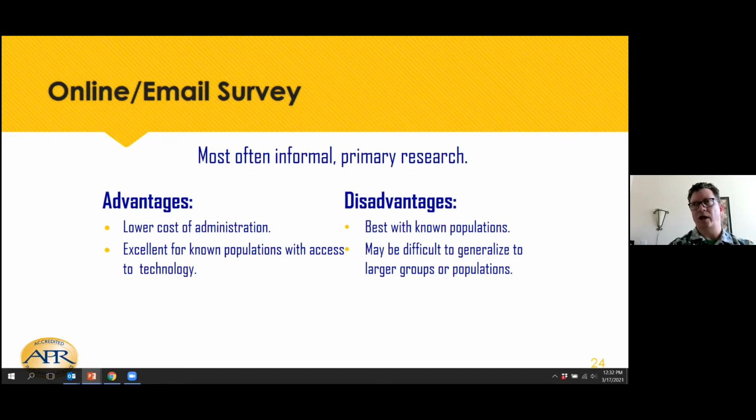So they're already kind of in the tent. Whereas a pure phone survey should be people that you have no contact with otherwise, or if you do have contact with them, it's strictly a random occurrence. You're not going after your own audience. So I think that is the difference why we see most often informal versus formal primary research.